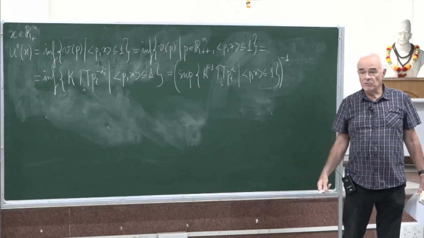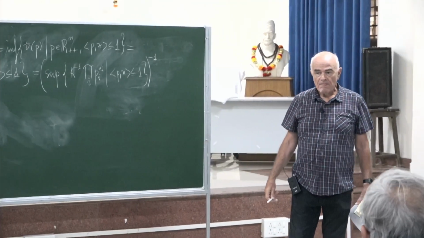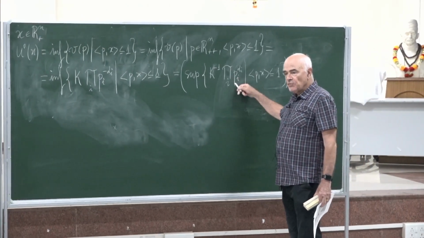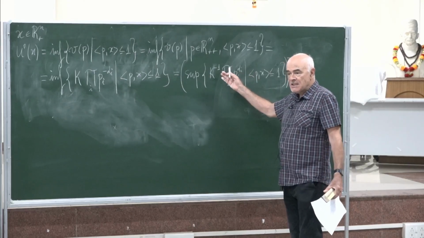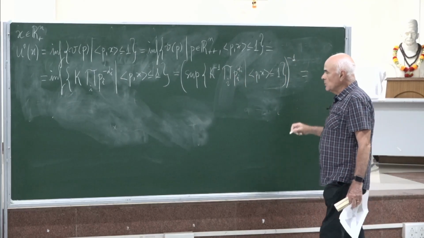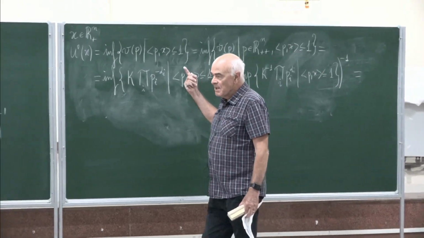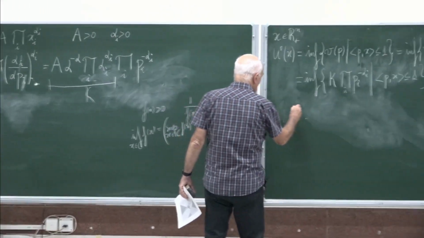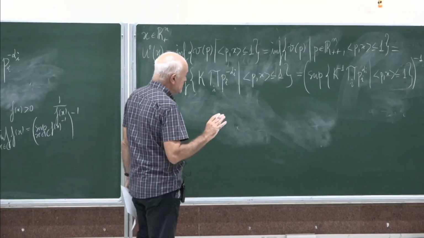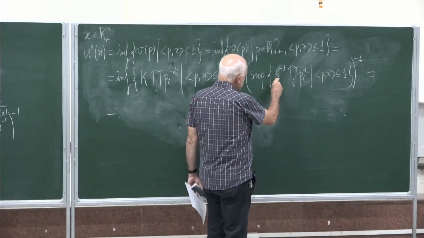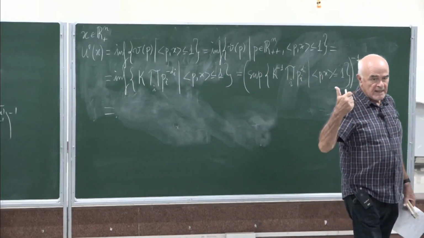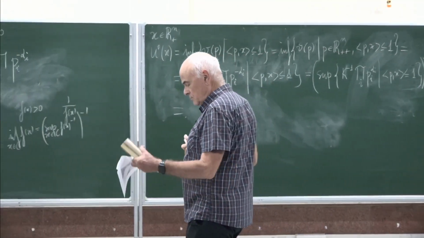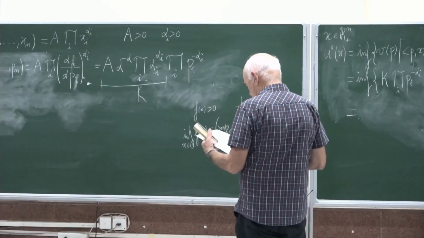So I have already solved this problem, with A times the product of xi to the power alpha i, but it has exactly the same structure. So I already know the solution. The solution is what I obtained for the indirect utility function. So now, let's be careful. K to the minus 1 plays the role of A in the direct computation.